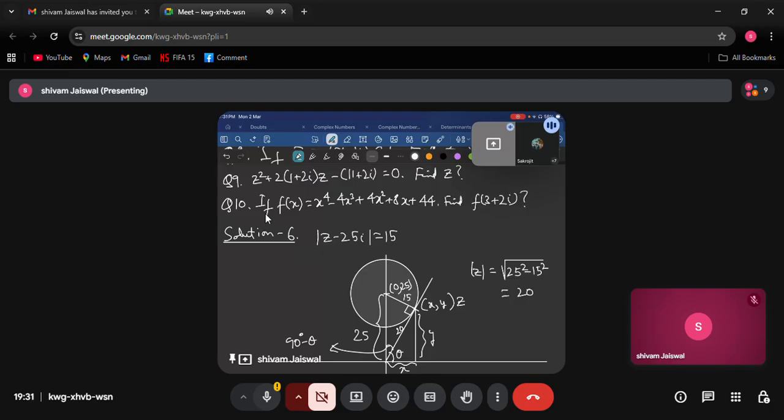Okay, let me start with number 9. Socrates, your answer is correct. Z square plus 2 into (1 plus 2 iota). Yes, Anandit, your answer is correct. Yes, what shall we use, everyone, in order to solve this? Sridharacharya quadratic formula.